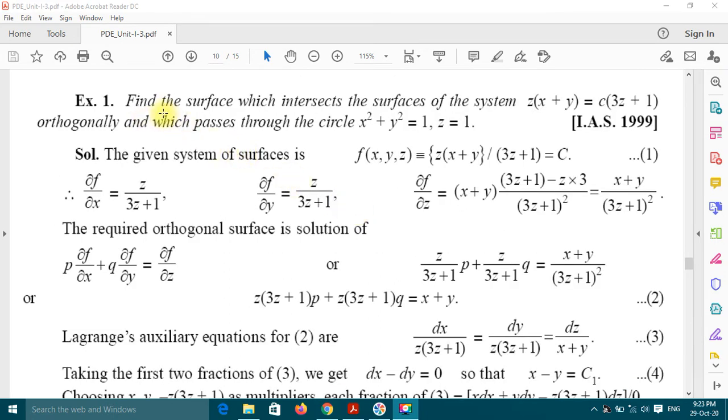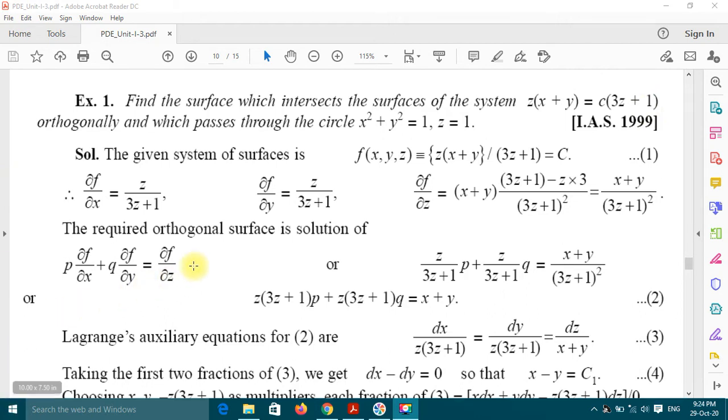Our problem is to find the surface which intersects the surfaces of the system z(x + y) = c(3z + 1) orthogonally, and which passes through the circle x² + y² = 1, z = 1. It means first you find the orthogonal surface corresponding to the surface z(x + y) = c(3z + 1).